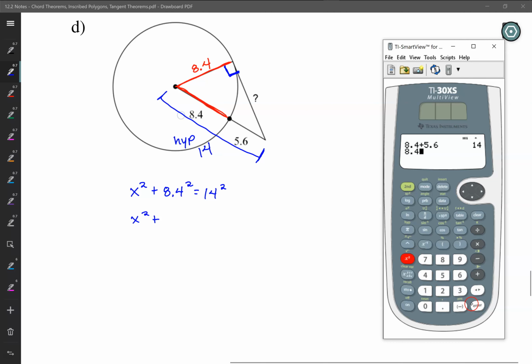8.4 squared is 70.56. 14 squared is 196.